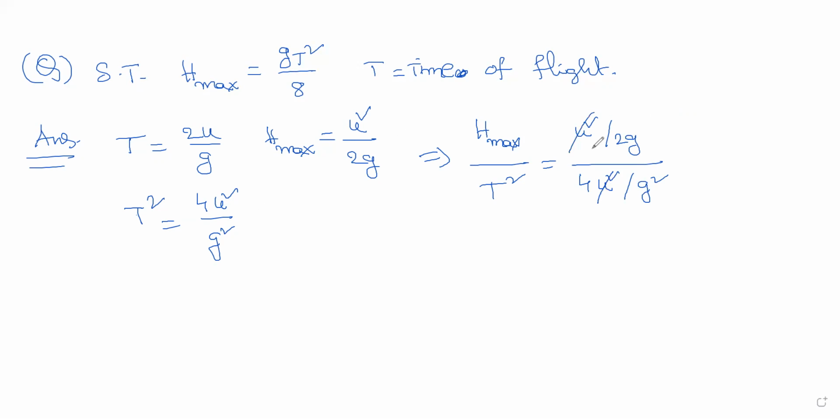U square is gone, g is gone. So topple the fractions. I get h max by t square is equal to g by 8. So t square you send to other side, it's very simple. H max you got it as gt square by 8.